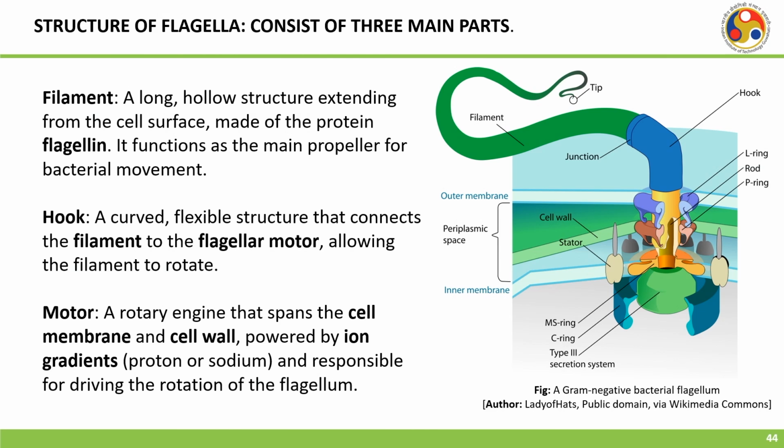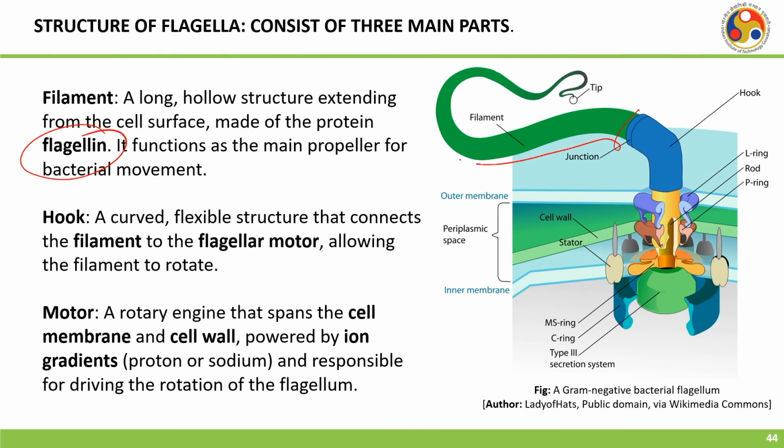Let us look into the structure of flagella. It consists of 3 main parts: the filament, the hook, and the motor. So, the filament is a long hollow structure extending from the cell surface, made of the protein flagellin.